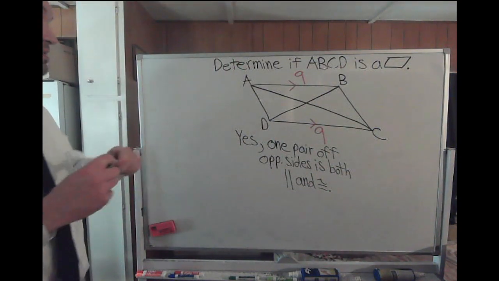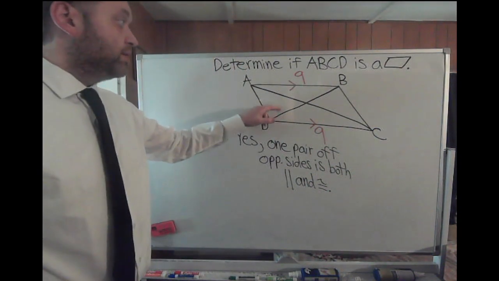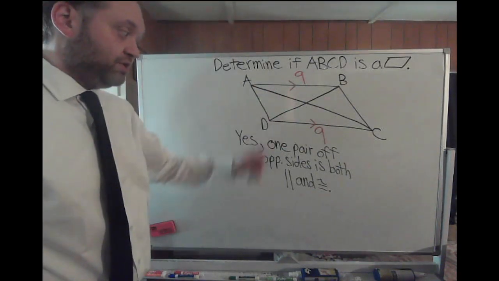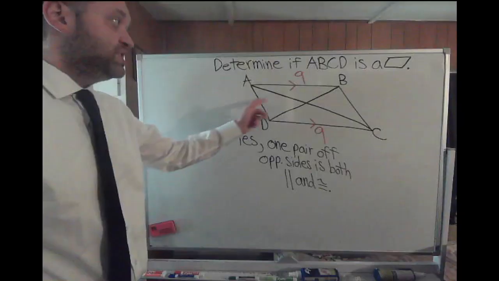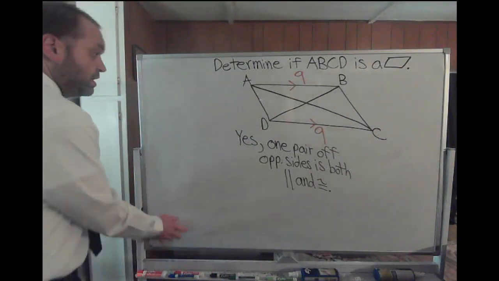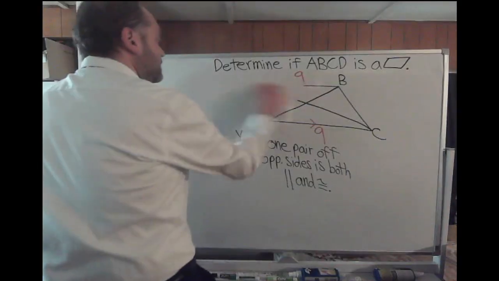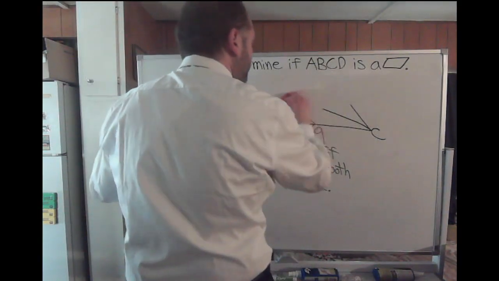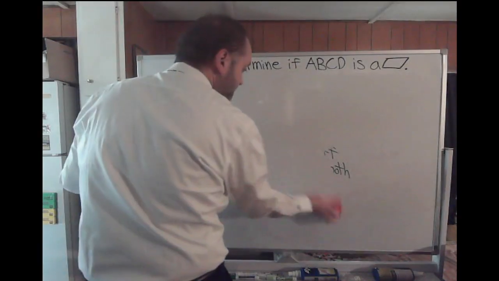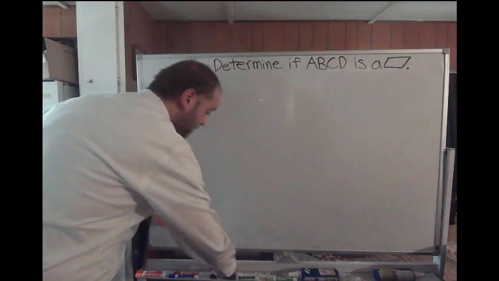So since we have this quadrilateral here that has one pair of opposite sides that's both congruent and parallel to each other, then yes, we can actually say ABCD is in fact a parallelogram. All right, what do we have?